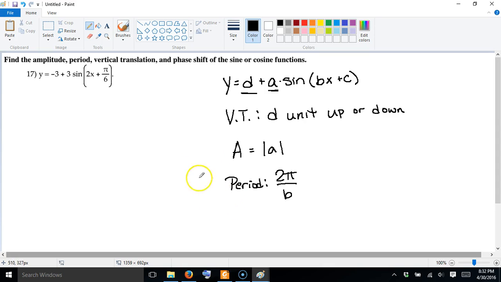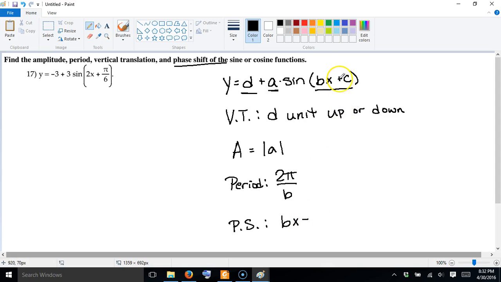And then for C, that helps us in getting our phase shift. Before, I've told you how to find the phase shift is just take that, solve for 0, and you've got your phase shift. Well, that works in this case. Going to abbreviate it here, phase shift, PS. You can do that, but let's do this.